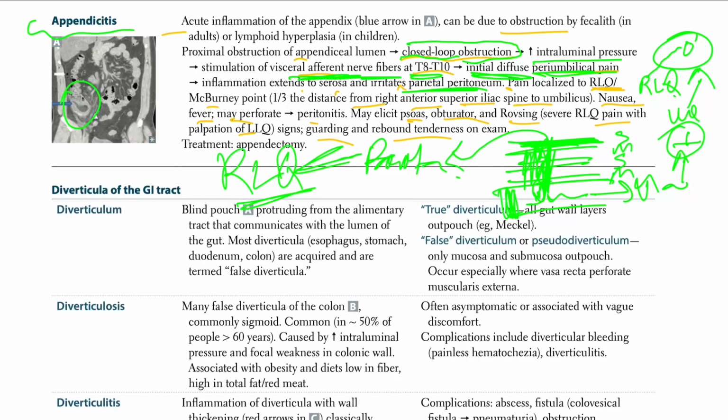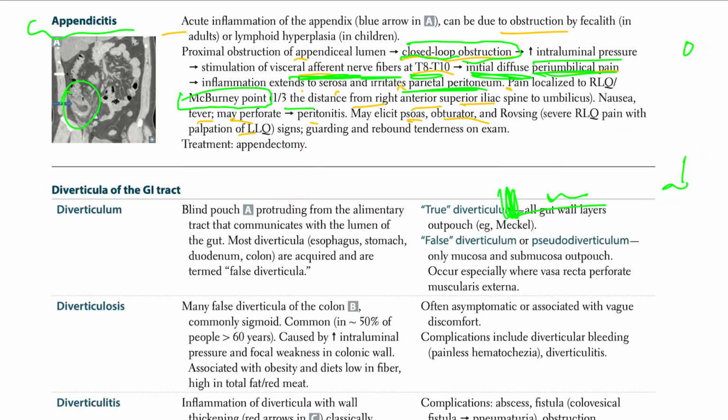So you have that right lower quadrant pain. The point is called McBurney's point, which is anatomically 1/3 of the distance from the right anterior superior iliac spine to the umbilicus, or 2/3 from the umbilicus to the anterior superior iliac spine.